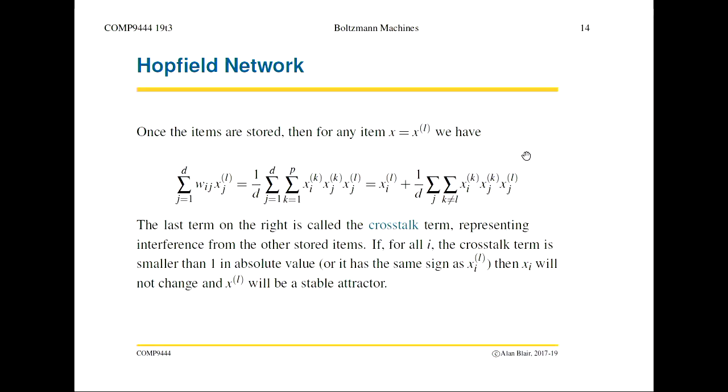Now, you can do some mathematics and statistics to figure out how likely it is that the images will be stable. So you can store a certain number of images reliably in this network based on the number of neurons. It's this ratio of the number of stored patterns compared to the number of neurons that is important.